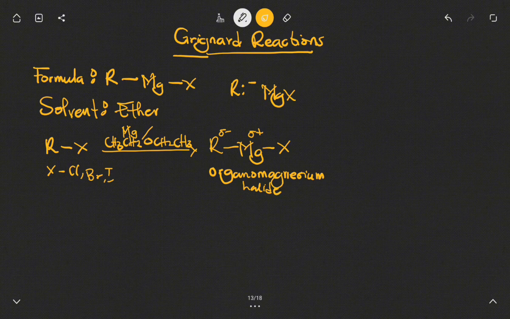Organomagnesium halide. All right. Now, let me give you a few examples of how the Grignard reagent is prepared. So let me put the example.